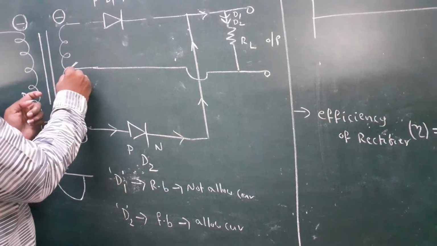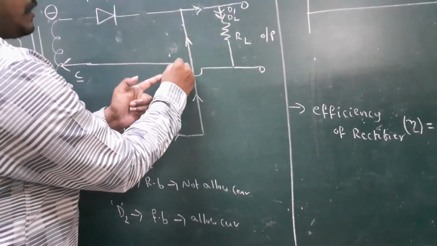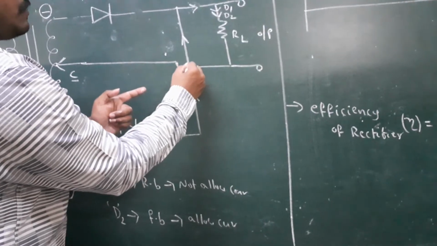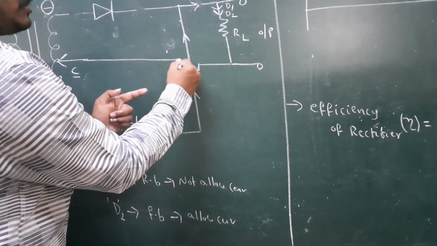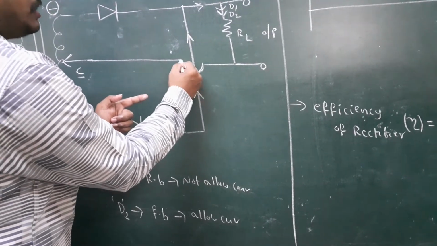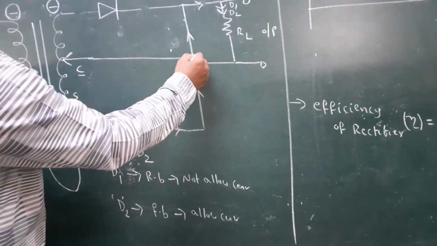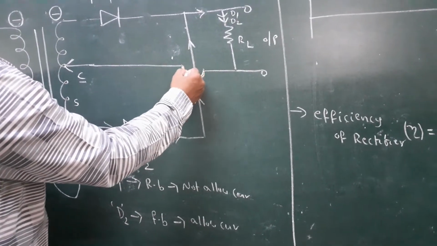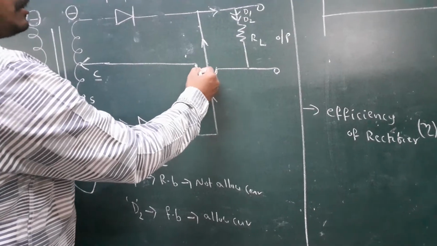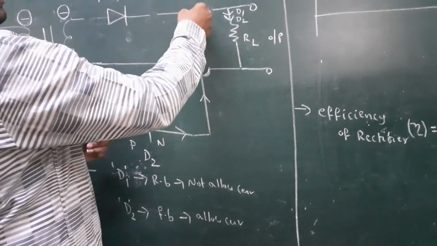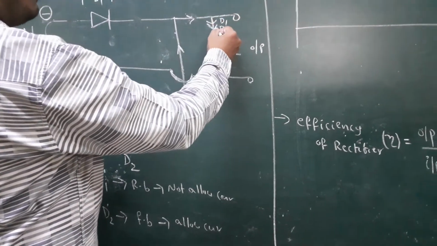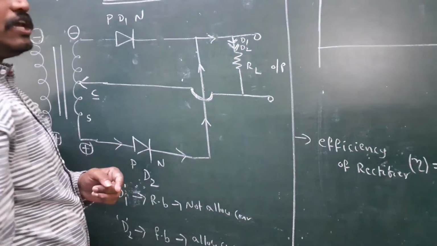Because of the center tap transformer used here, this wire and this wire are not connected. This is the symbol in electronics meaning the wires are not connecting. This is the output. Both the outputs are in the same direction.